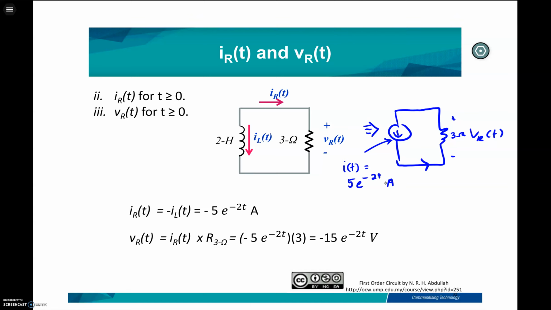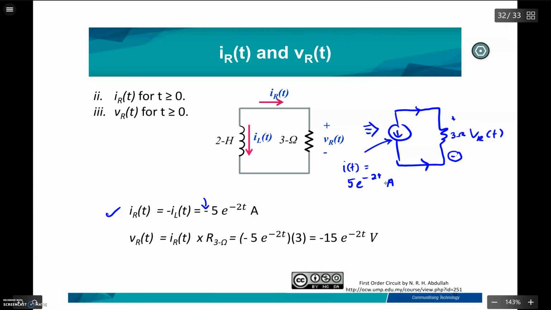Refer to the diagram. You can see that iR is in the opposite direction of iL(t), so you just add the minus into the i(t). So iR will be minus 5 e to the power of minus 2t. And for the vR, we can see that the current is flowing from the negative through the negative polarity of the 3 ohm resistor, so you can use Ohm's law, or maybe you can use the iR.